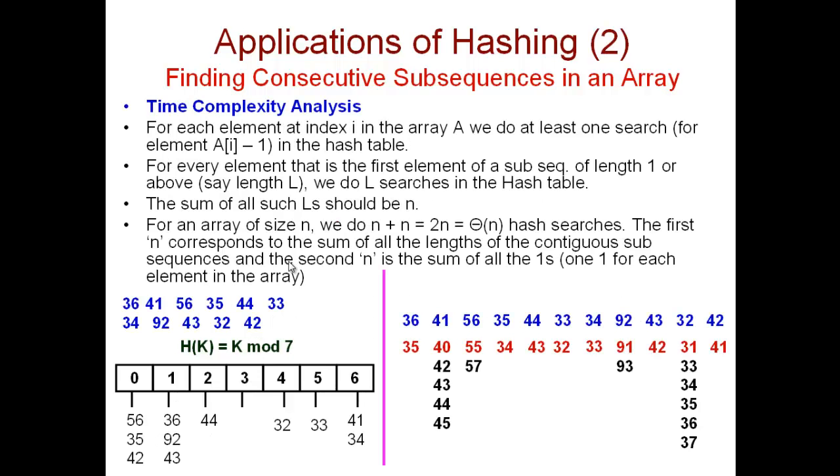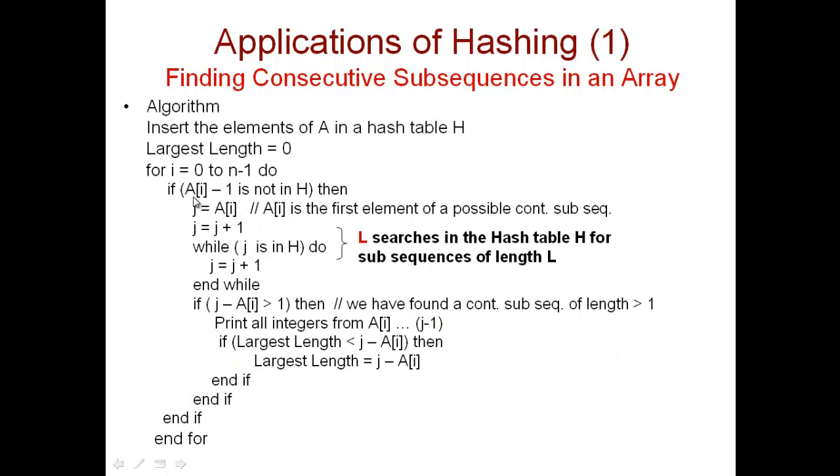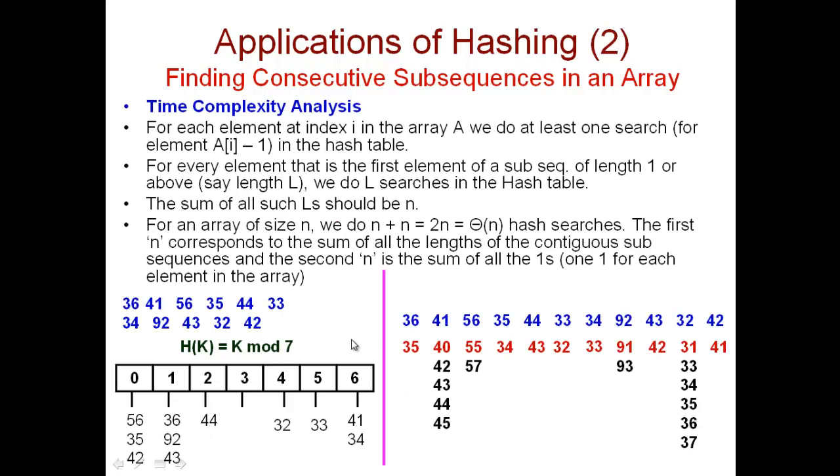Okay. Now if you think about the logic that we followed, we first go through the array once and build the hash table that we have to do anyway. Then according to this logic we check if a of i minus 1 is in the hash table or not. So for every element a of i, we check if a of i minus 1 is in the hash table.